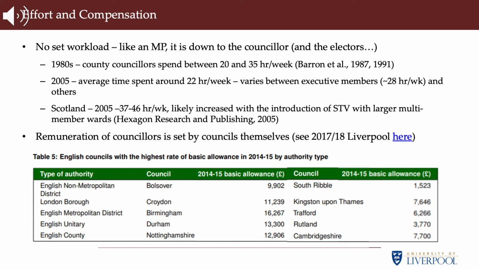In recognition of the principle of council work as a voluntary service, some proportion of hours should not be remunerated, usually between 20 and 50%. The table shows English councils with the highest and lowest rate of basic allowance in 2014 to 15 by authority type, taken from the Taxpayers Alliance Councillors Allowance Report, and there's massive variation.